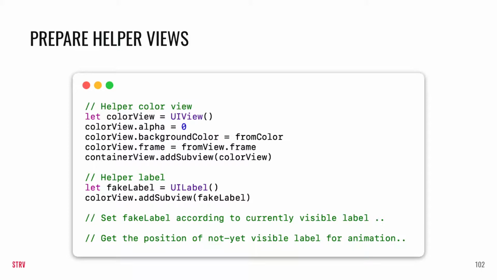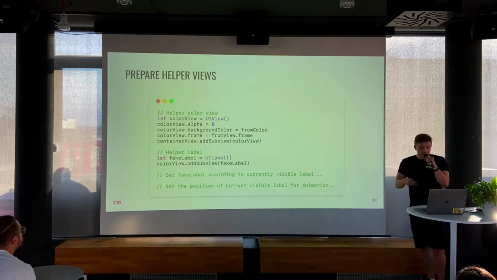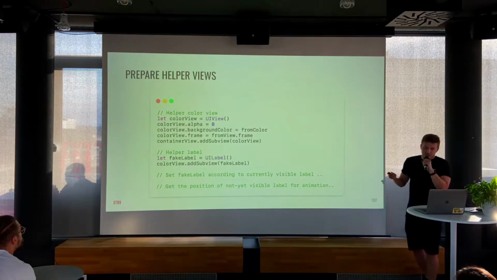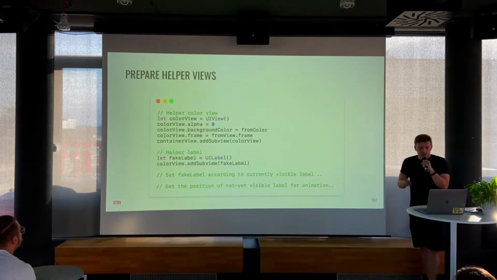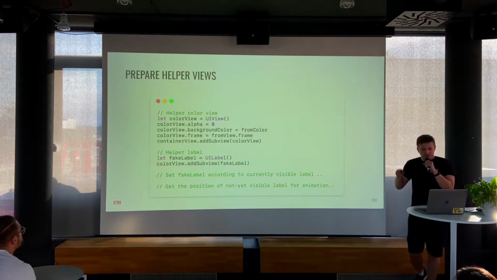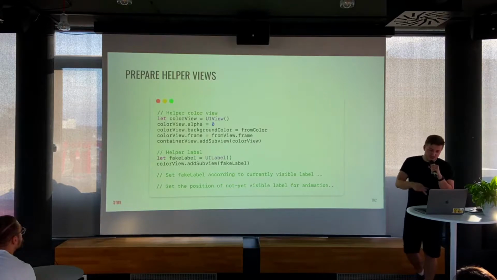And so inside animate transition, we can create new views. For example, this color view that will help us with the fade. We add it to the container view. And now we are creating our fake or helper label. We're adding it to this color view.